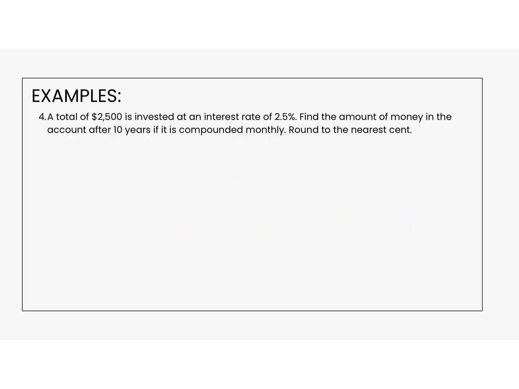Okay, number 4. A total of $2,500 is invested at an interest rate of 2.5%. Find the amount of money in the account after 10 years if it is compounded monthly. Round to the nearest cent. So 2,500 is invested at a rate of 2.5%, in the account after 10 years compounded monthly. So we're going to use our other compounding interest formula, A equals P times 1 plus r over n to the nt.